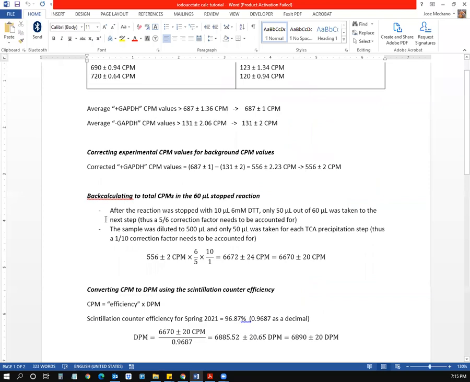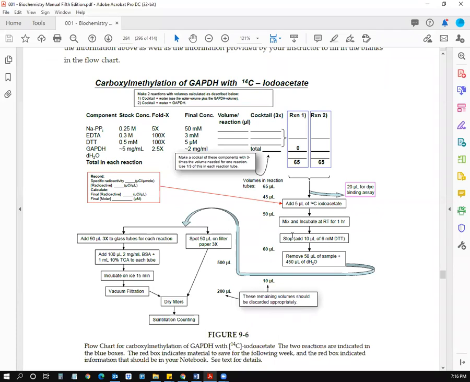So the first thing that we need to consider is, after the reaction was stopped with 10 microliters of 6 millimolar DTT, only 50 microliters out of the 60 total was taken to the next step for dilution and TCA precipitation. So I'm talking about this step right here.